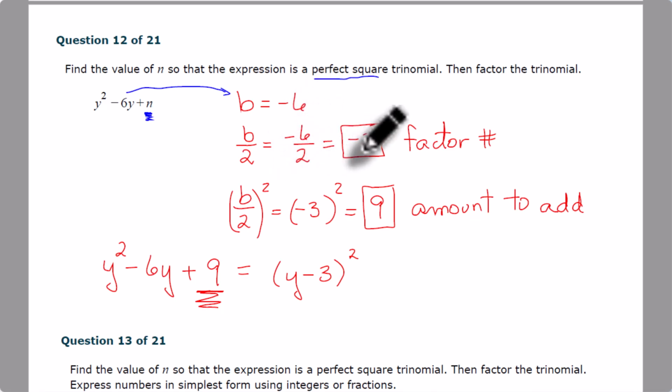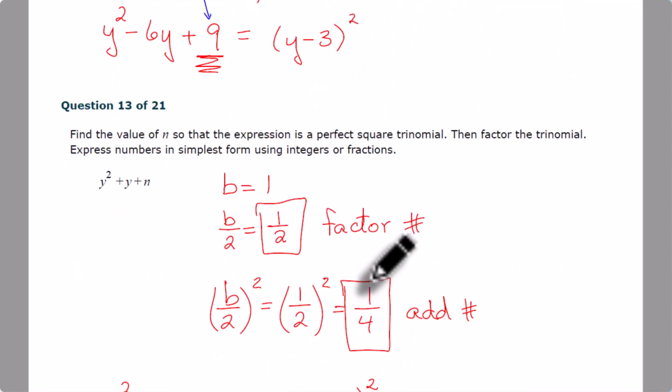That gives me minus 3, and that's my factoring number. I take that number and I square it, and I get 9. And I need to add that in. So that's the amount I need to add in to make it true, because now it factors as y minus 3 squared.